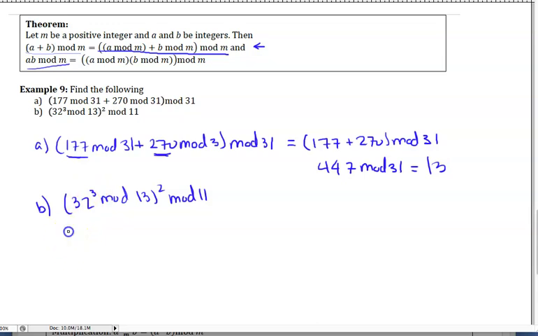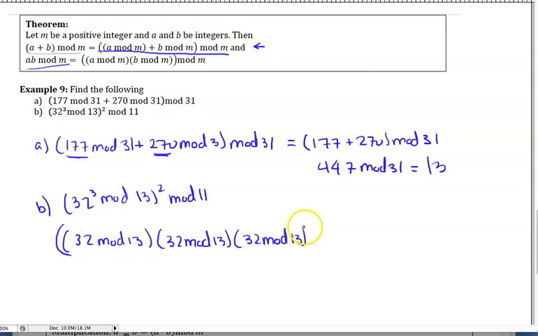Because this is a cube, I can write this as (32 mod 13) times (32 mod 13) times (32 mod 13), so I have 32 three times, in parentheses, and according to the formula, there's another mod 13 at the end, and all this is squared, and then the mod 11 comes at the end.